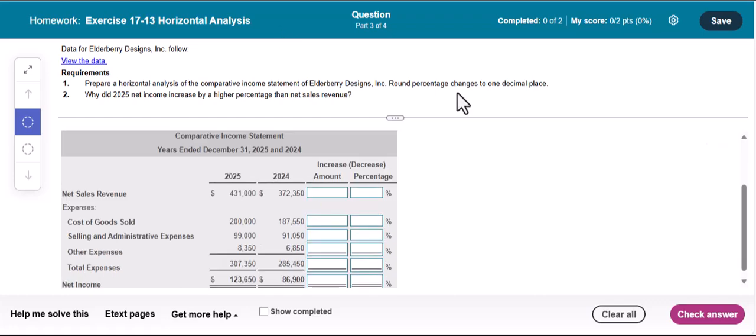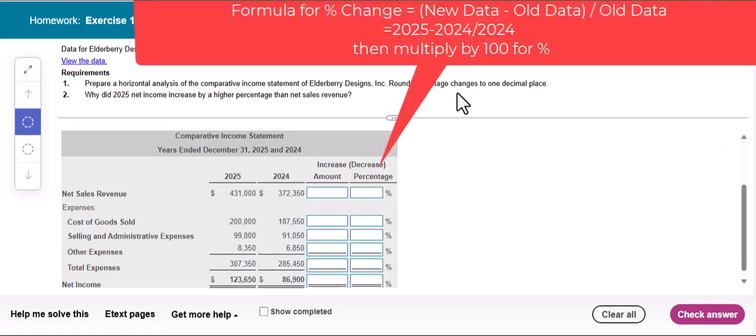So our formula for percentage change is the new data, which is 2025, minus the old data, which is 2024, divided by the old data, which is 2024 again. But first we need to figure out the increase amount or the decrease amount, which means take new minus old.